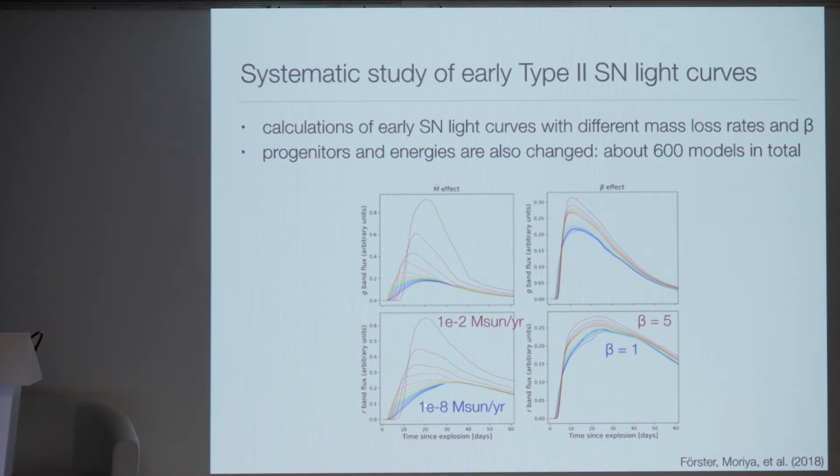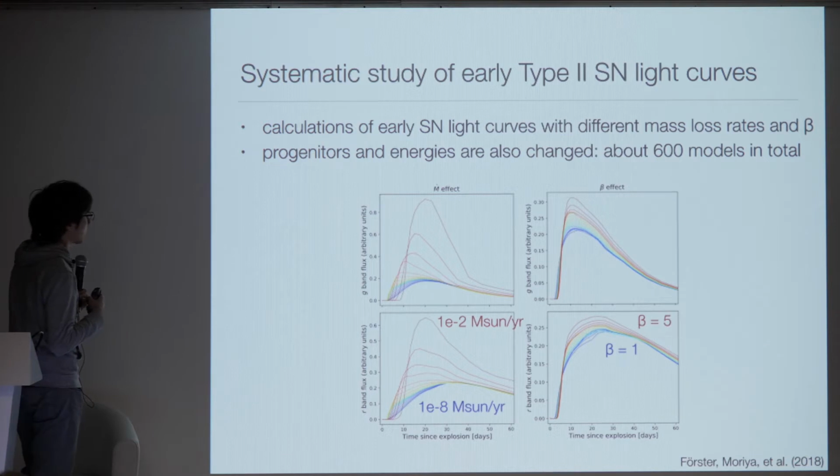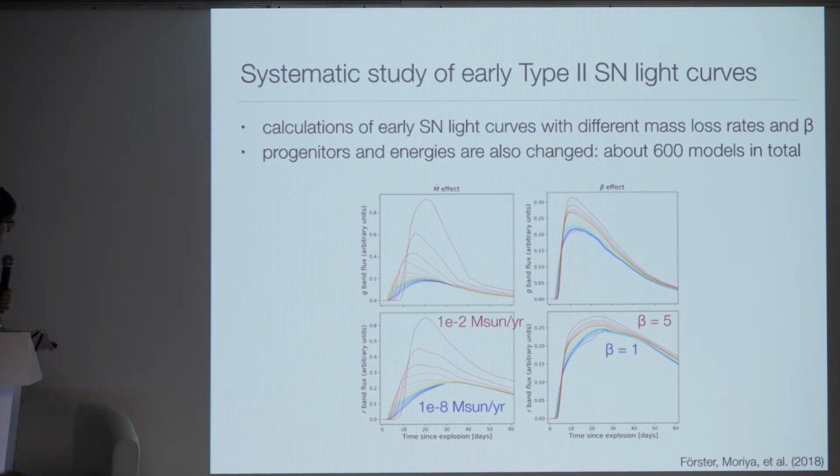When we change the mass loss rate, we start from 10 to the minus 8 solar mass per year to 10 to the minus 2 solar mass per year. And this is in R band, and this is in G band. And of course, as the mass loss rate increases, that directly changes the amount of circumstellar matter. So as the circumstellar matter increases, you have a much brighter light curve from this circumstellar matter interaction.